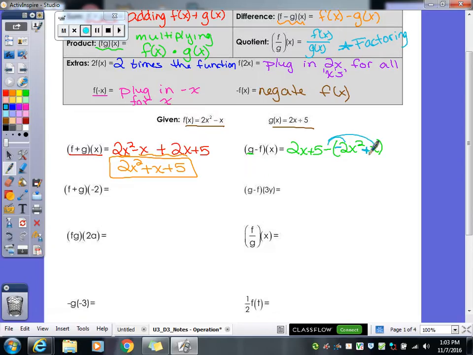So it becomes a negative 2x squared and a positive x because of that subtraction. So our x squared term has to go first, so negative 2x squared. Combine our x's, what do we get? 3x. And then plus our 5. And that would be our final answer for that one.